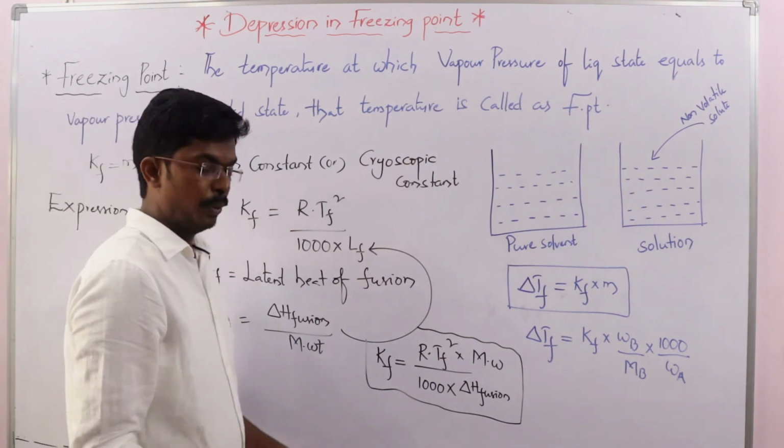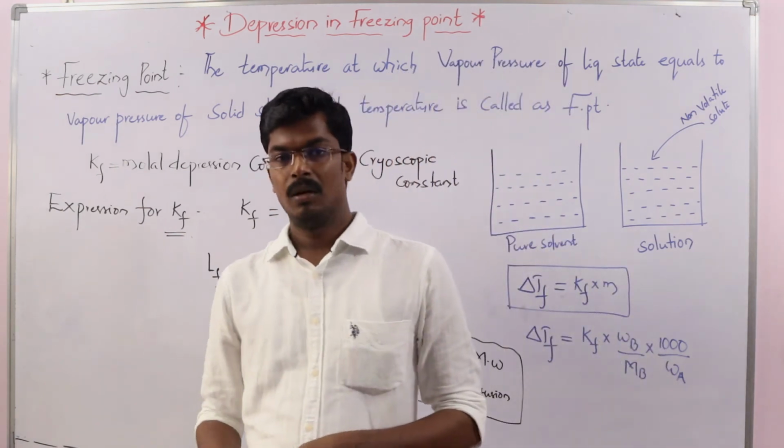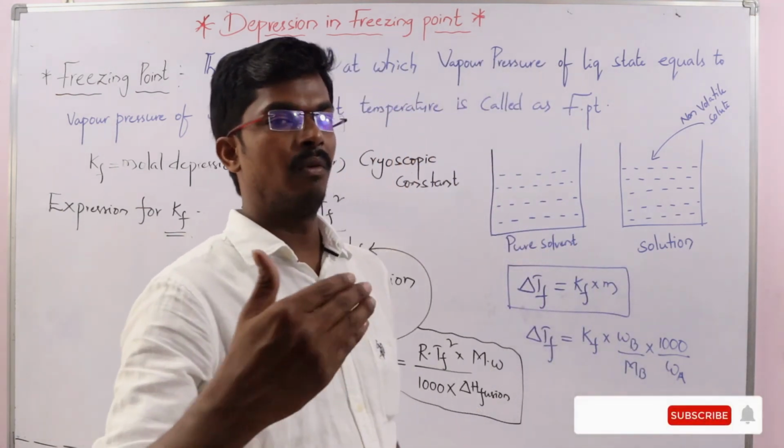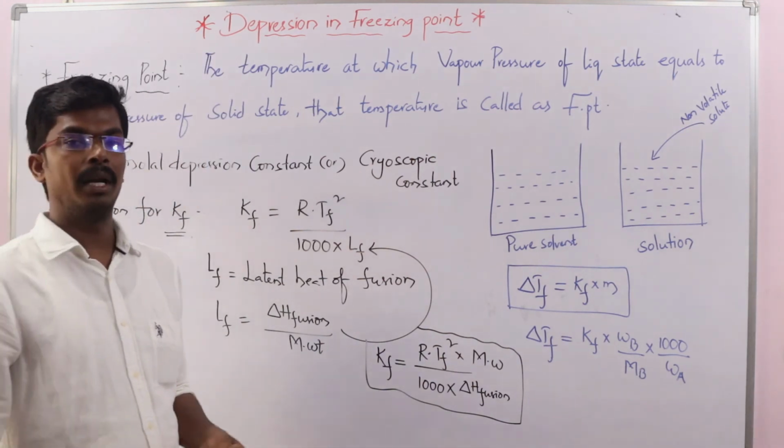Got it? So the units for Kb and Kf are the same. Generally Kb for water is 0.52 and Kf for water is 1.86.